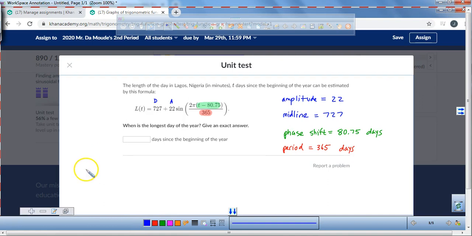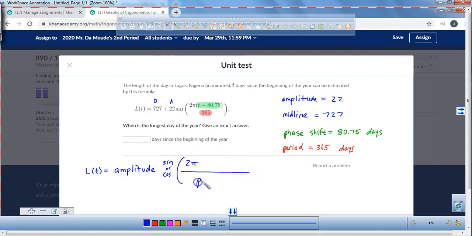So I'm going to write down what form I'm talking about. Right now we have L of t equals, I'm going to put amplitude, and then we're going to have either a sine or a cosine. I'm going to open up the parentheses. You'll always have 2 pi.